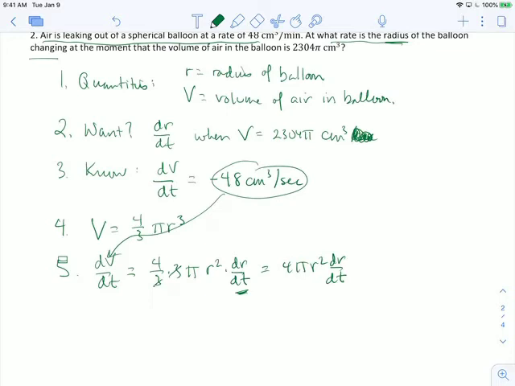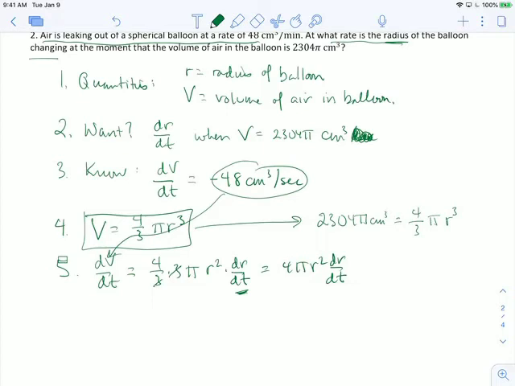I know the volume, but I don't know the radius. And so this is one of those cases where we're going to use our formula a second time. And so we can use this formula to figure out what the radius is.